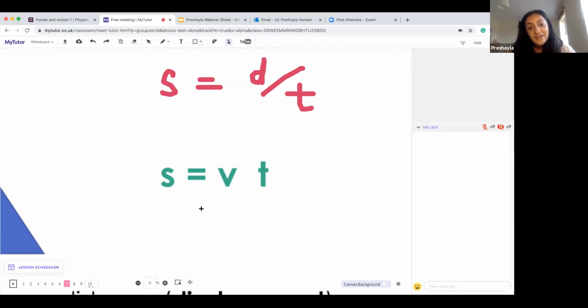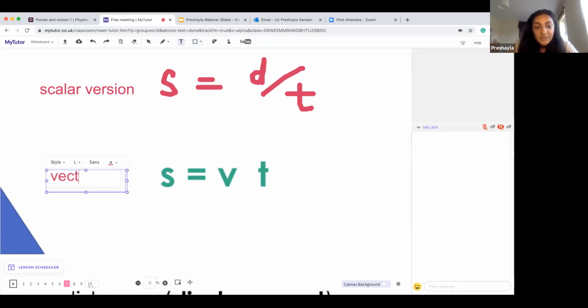The reason that they've had to change them is to account for vector quantities. So this pink version of the equation is the scalar version of the speed, distance, time equation. But the green equation is the vector version of the equation. And it's very easy to get confused because they use pretty similar letters.